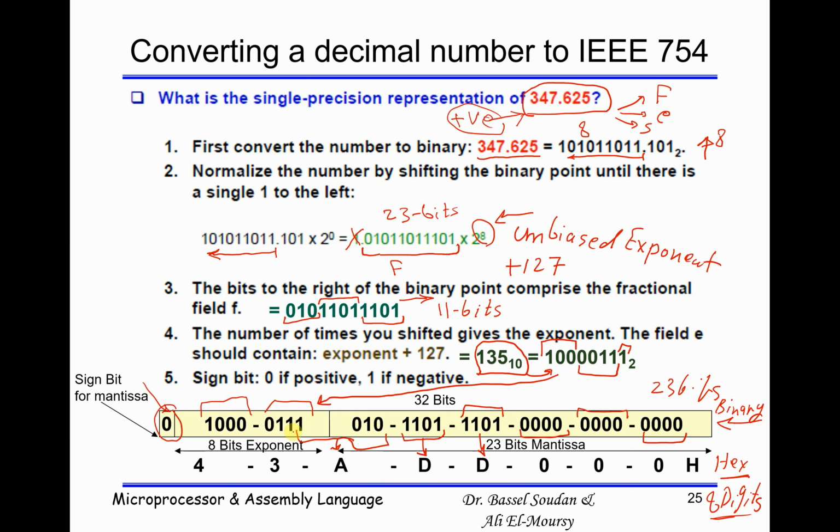Finally I have 0 0 1 0 to give me the number 4 here. So what I show here at the bottom is the hexadecimal representation for the binary of the number.